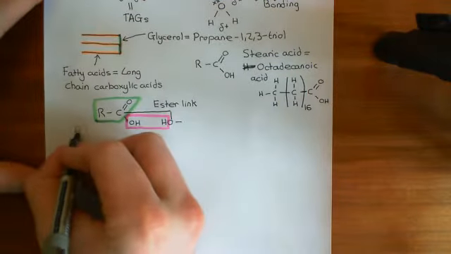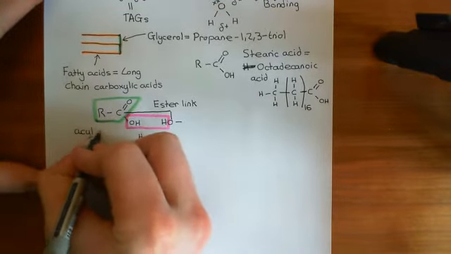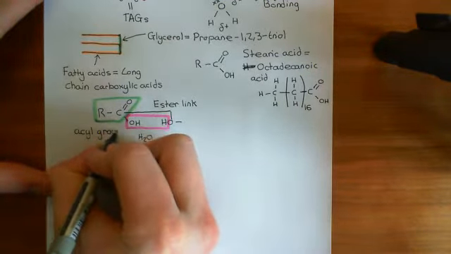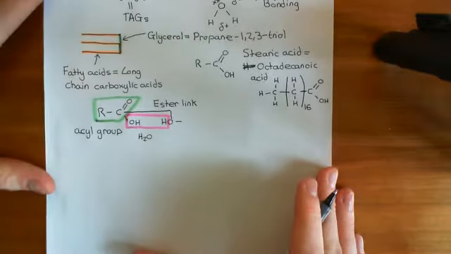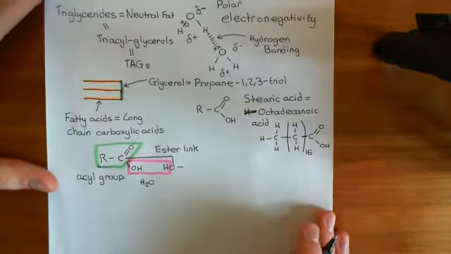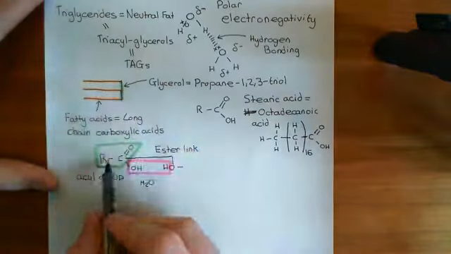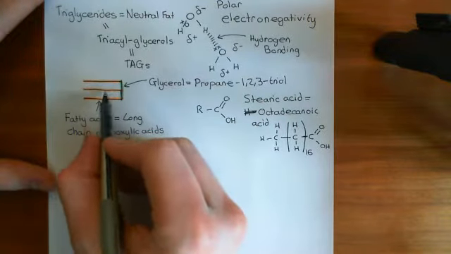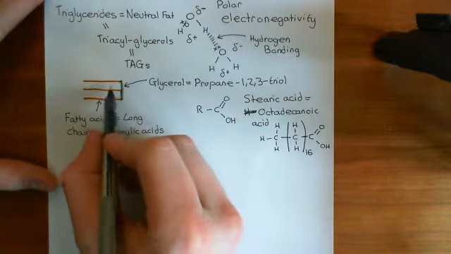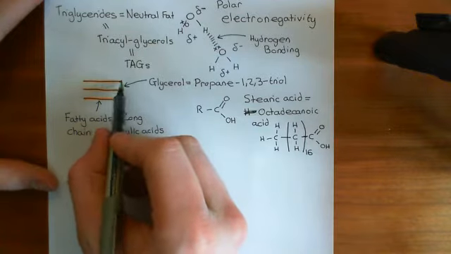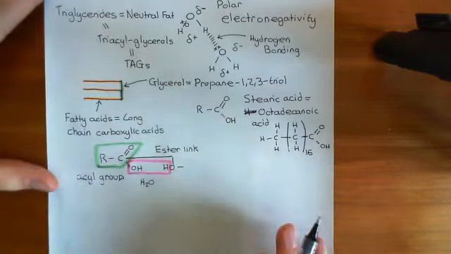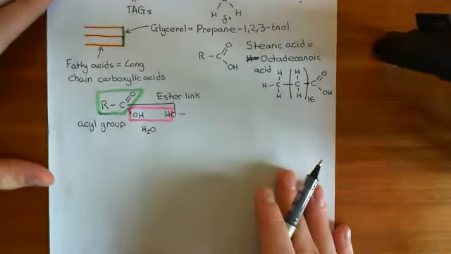This group is called an acyl group. That's why it's called a triacyl glycerol, because you've got 3 acyl groups, these 3 orange dangly bits, attached onto the glycerol molecule.